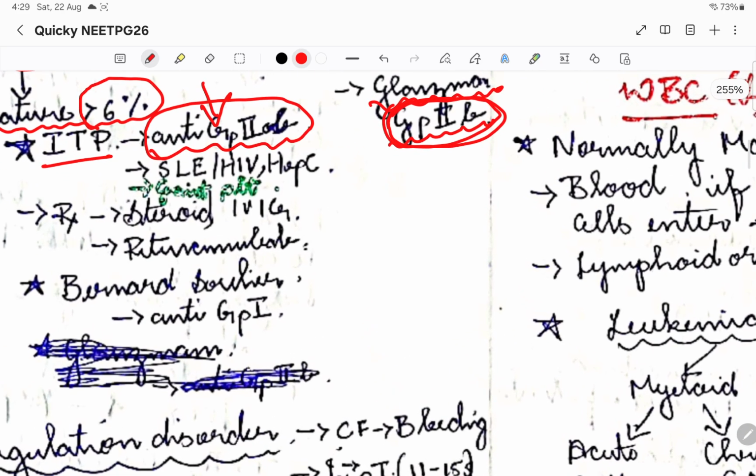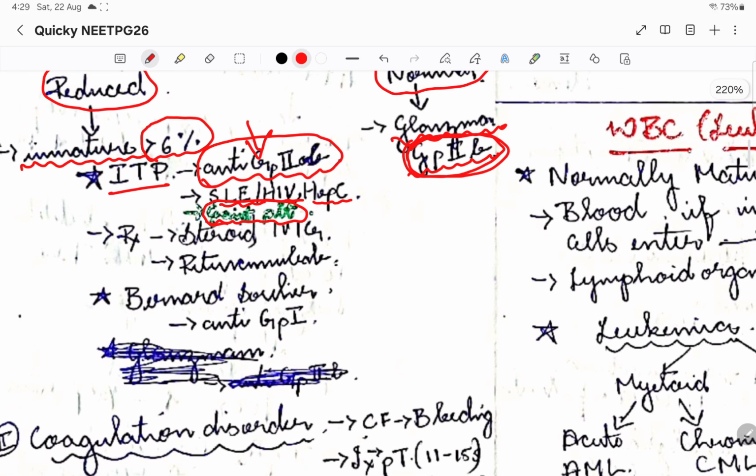The major etiologies that trigger this are SLE, HIV, and hepatitis C. So remember these etiologies. The pathognomonic finding would be the giant platelets that we can see on histological slides.